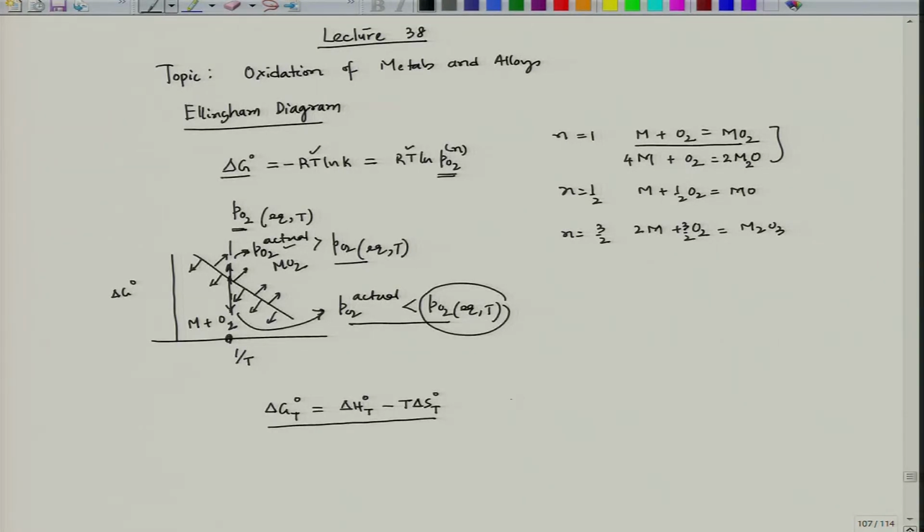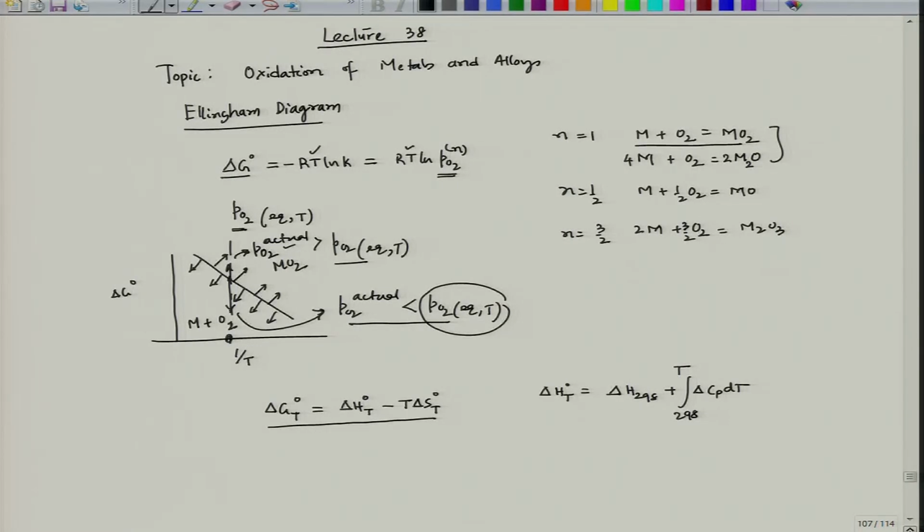Okay. Now, delta H can be written from Kirchhoff's law, and this we can get.